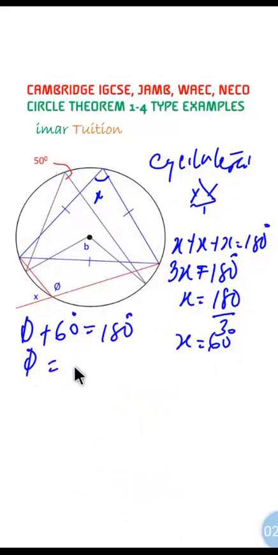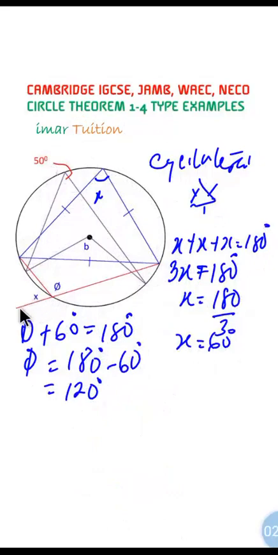Phi will be equal to 180 minus 60 degrees. That gives you 120 degrees. So this is 120. That's clear.